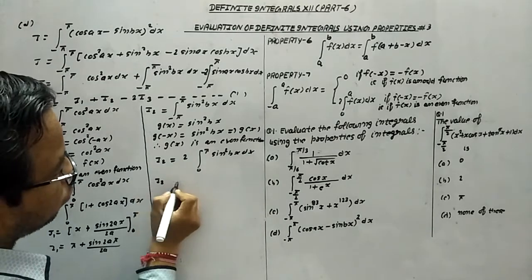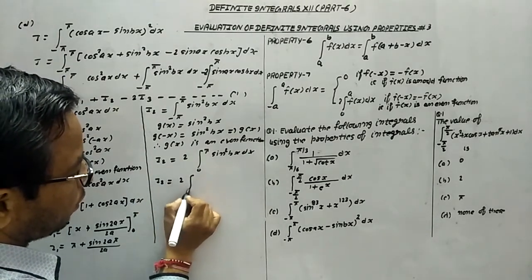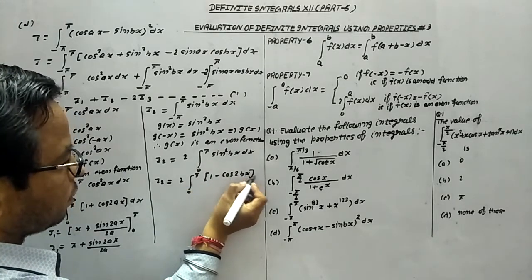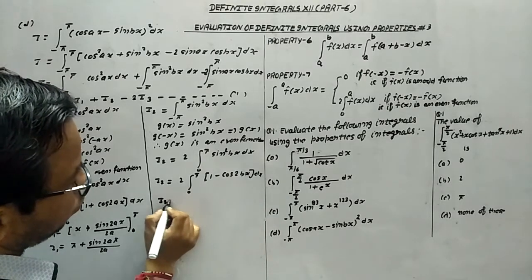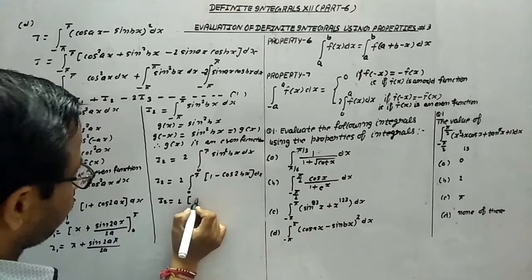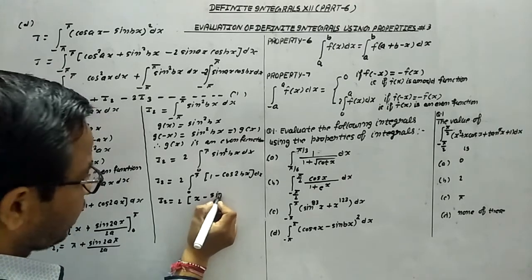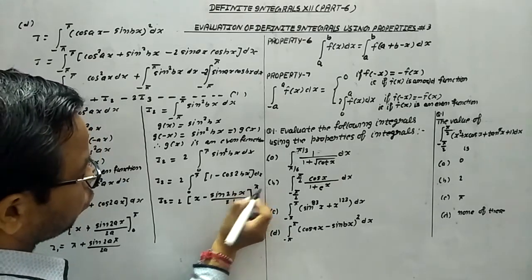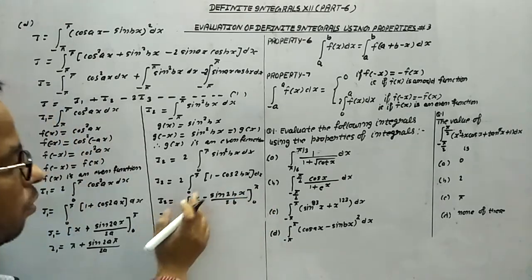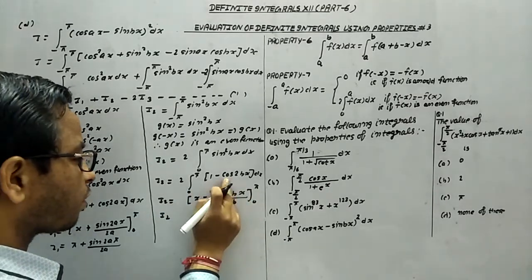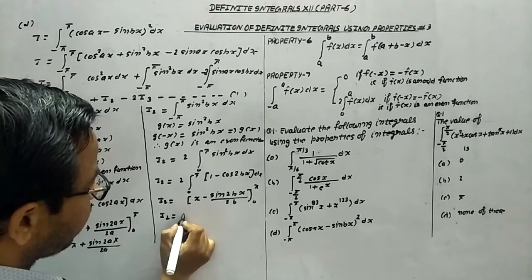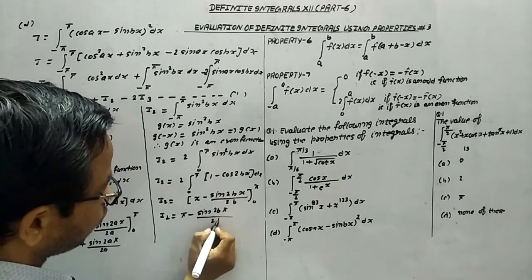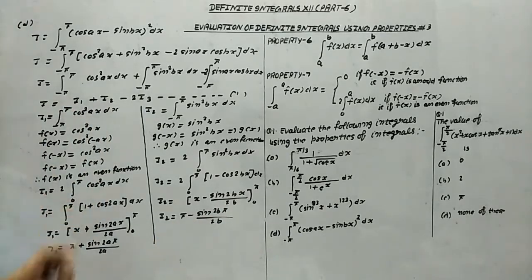Now I2 is 2 times the integral from 0 to pi of (1 - cos 2bx)/2 dx. First we do the integration: x minus sin 2bx upon 2b, and once we put the limits 0 to pi, the 2 cancels out, because in the denominator we also get 2. So I2 is equal to pi minus sin 2b pi upon 2b. This is the part of I2.